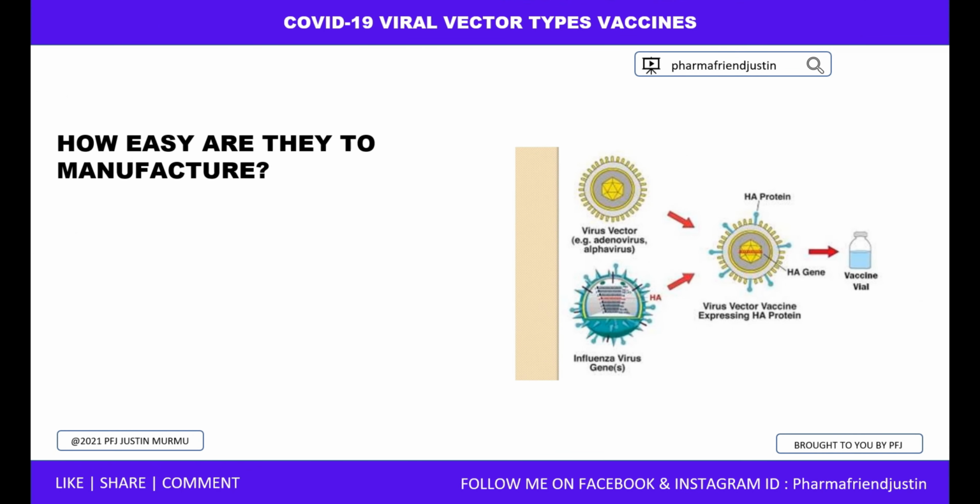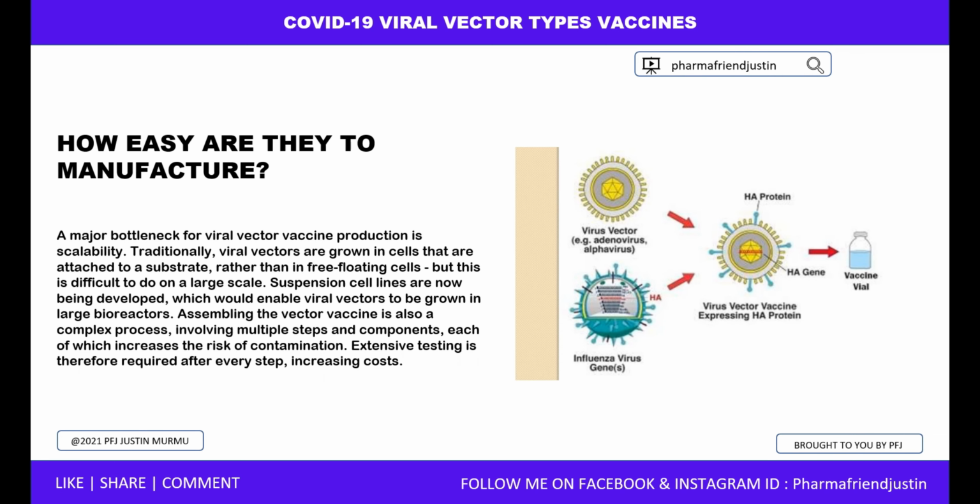How easy are they to manufacture? A major bottleneck for viral vector vaccine production is scalability. Traditionally, viral vectors are grown in cells that are attached to a substrate rather than free-floating cells, but this is difficult to do on a large scale.